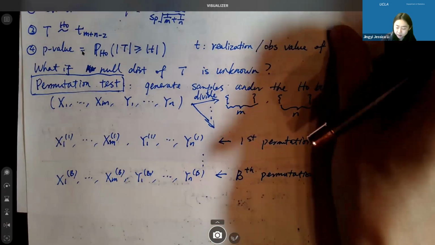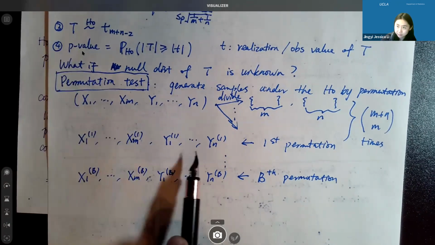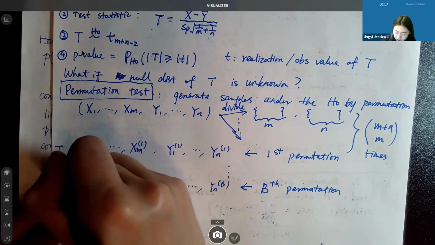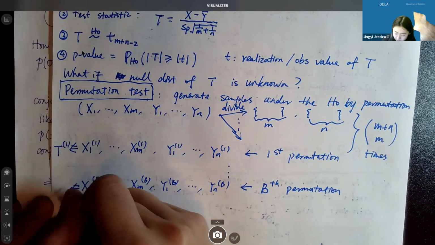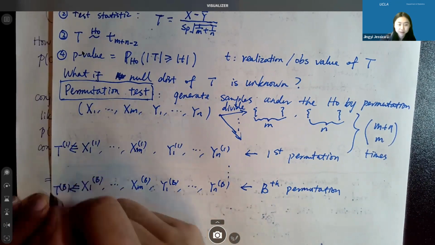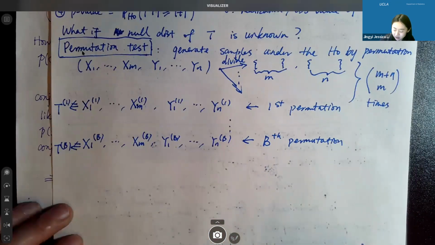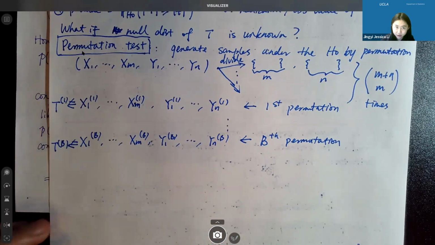I could apply the t-statistic formula to these samples, and I call the resulting values T_1 to T_B. These are what I observe. And then I treat those permuted statistic values as the null distribution of my test statistic.